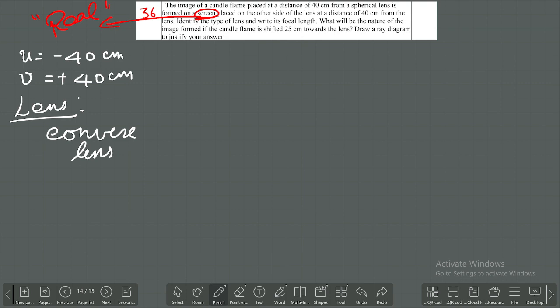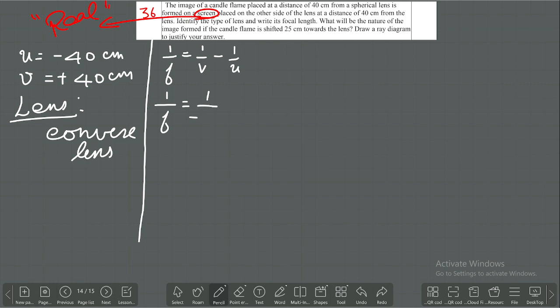Let us either draw the diagram, or else by using the formula you can prove that. First let us prove by using the formula. So 1 by f is equal to 1 by v minus 1 by u. So 1 by f is equal to 1 by, what is the value of v? It is given plus 40, minus 1 by, what is the value of u? Minus 40. Minus and minus will get cancelled, it will become plus.